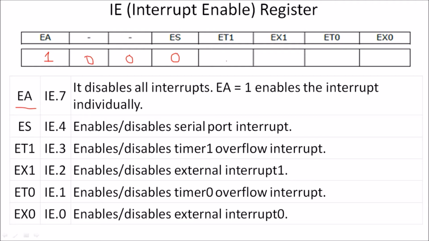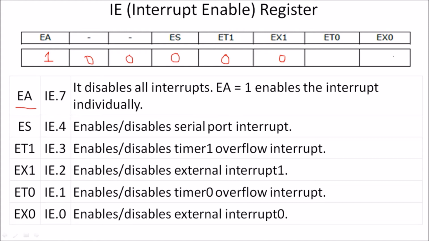The next bit is for the timer 1 overflow interrupt. When we want to use timer 1 interrupt, this bit should be 1, otherwise it should be 0. The next is external interrupt 1. When we want to use it, this bit should be 1, otherwise it is 0.